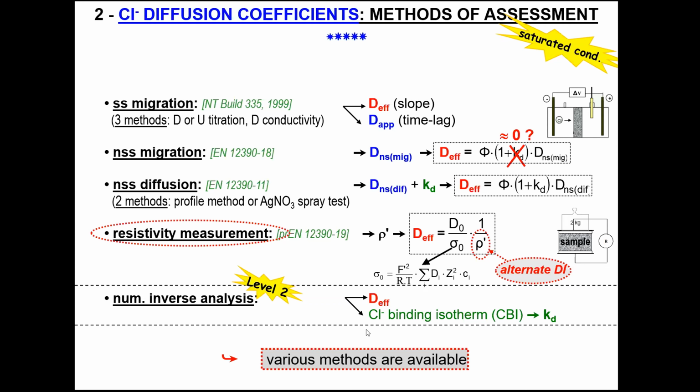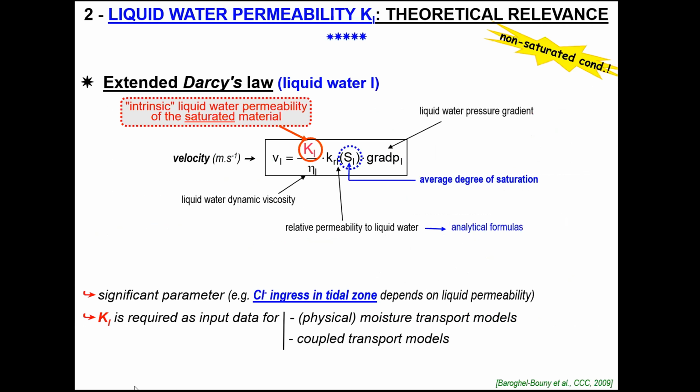And you can also assess the coefficient and the binding capacity by using models. So the biggest advantage here is that these effective or apparent parameters can be easily accessible.